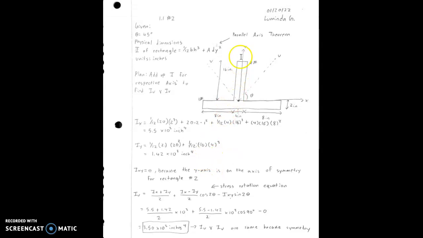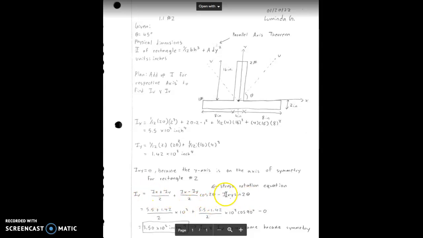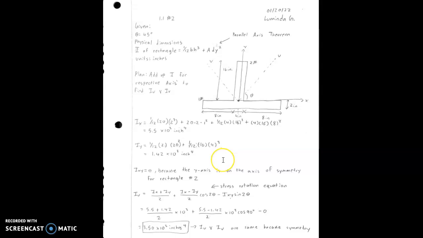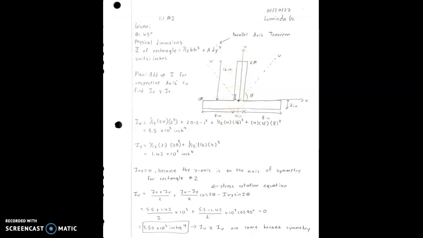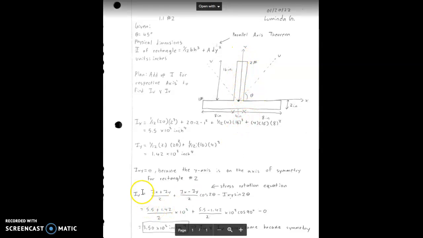But anyways, to find the Iu, we would use this specific rotation equation, in which the product of inertia Ixy is 0 because the y-axis is on the axis of symmetry. So that's why that would actually be 0. And then here we just plug and chug using the formulas.